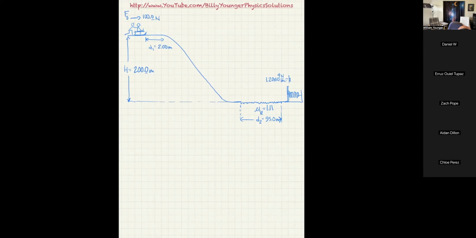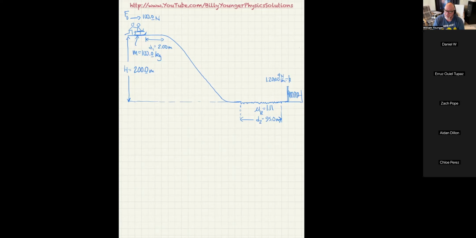And we're going to say the boy plus the sled has a mass of 100.0 kilograms. Obviously, I've got some kind of fascination with multiples of 100. Okay, so that's what's going to happen.